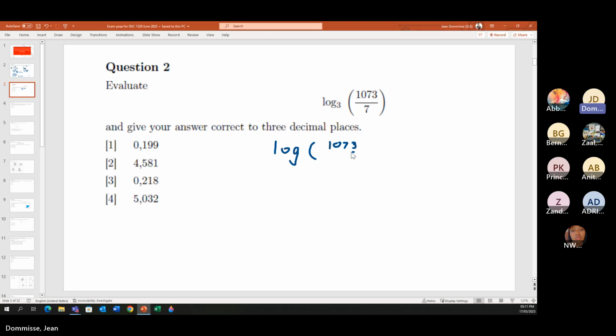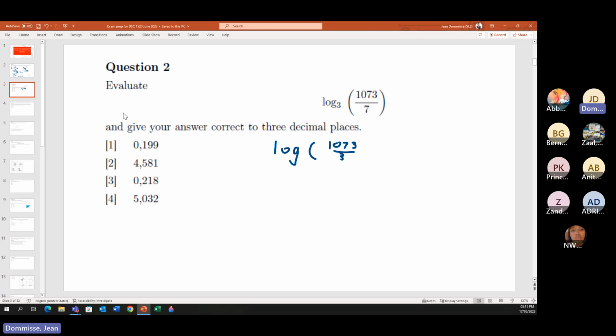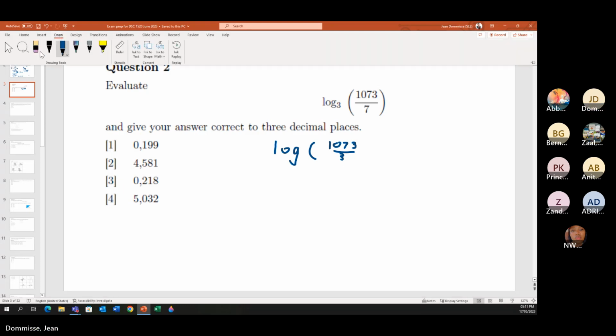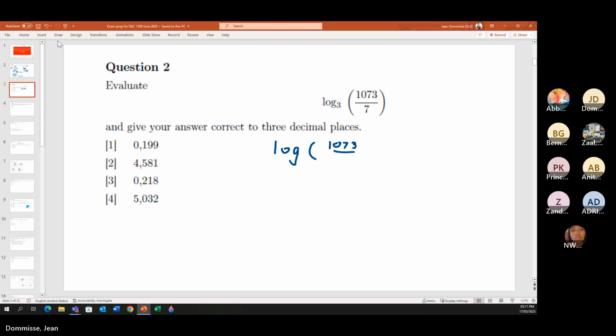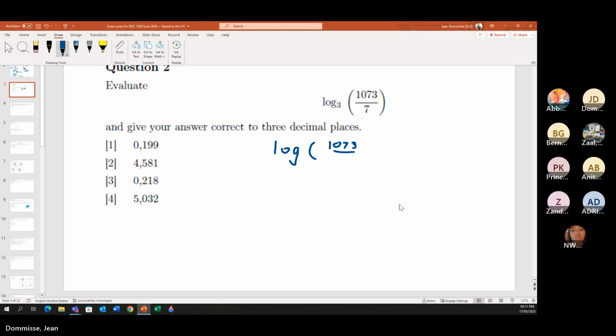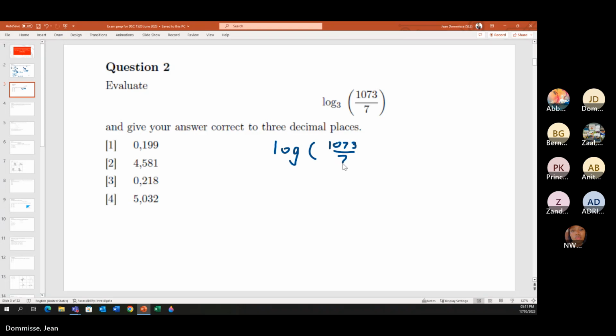So log of what's in the brackets, that should not be 3, it should be 7. Divided by log 3.